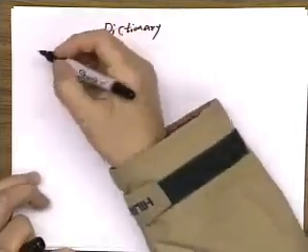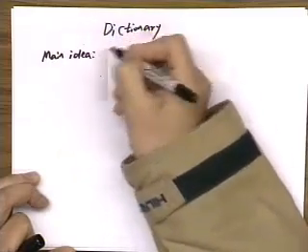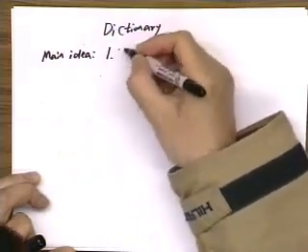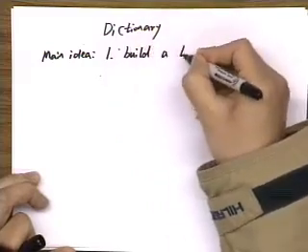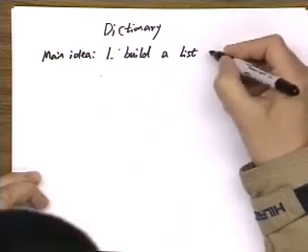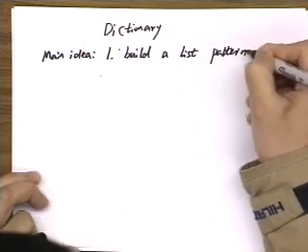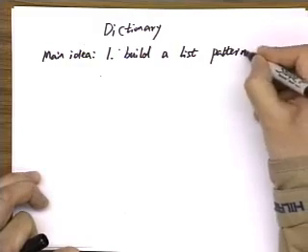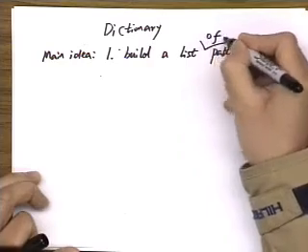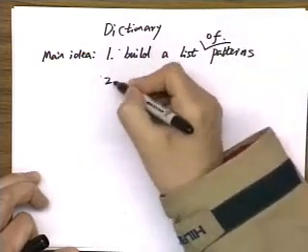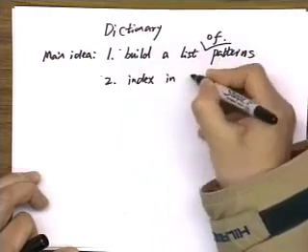The basic idea of the dictionary scheme is that first we build a dictionary. In other words, we build a list of patterns, and these patterns must occur repeatedly in the message. And then we can just transmit the index of each symbol in this list.